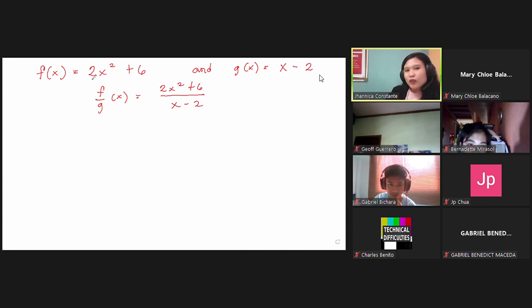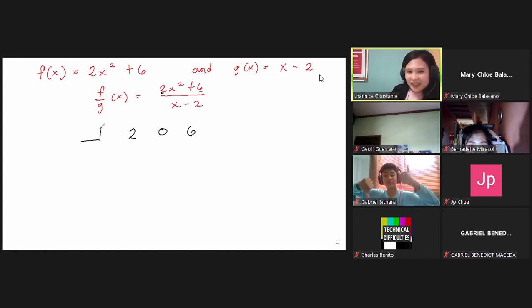So if we write the coefficient of each term in f of x, we have positive 2 for the x squared, positive 6, and the missing term, x, has a coefficient of 0. The 0 is the missing term in the function 2x squared plus 6.